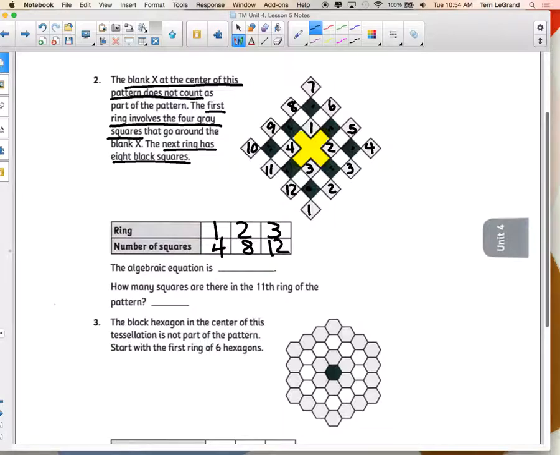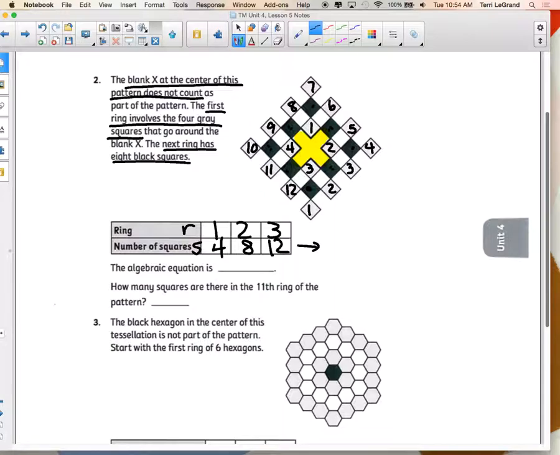So off to the side now, I want you to write the algebraic expression that gives the number of squares based on the rings. So let's call the rings R again. Let's call the squares S. Give me an algebraic expression only.